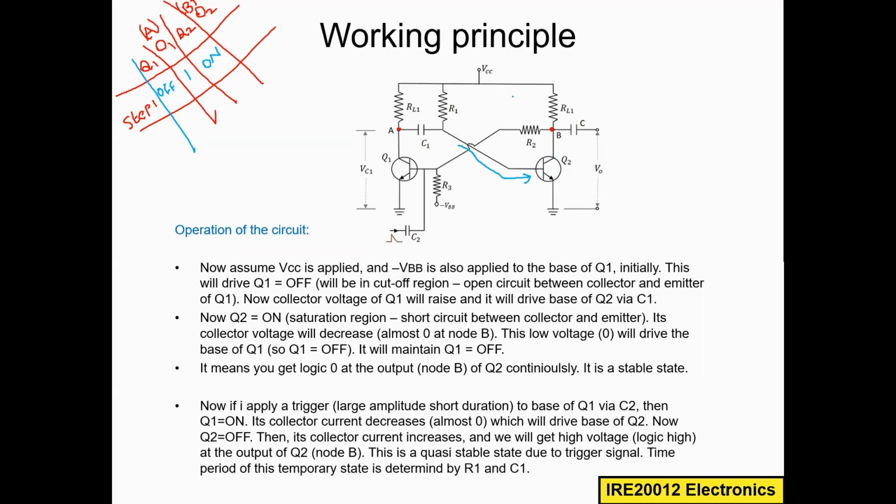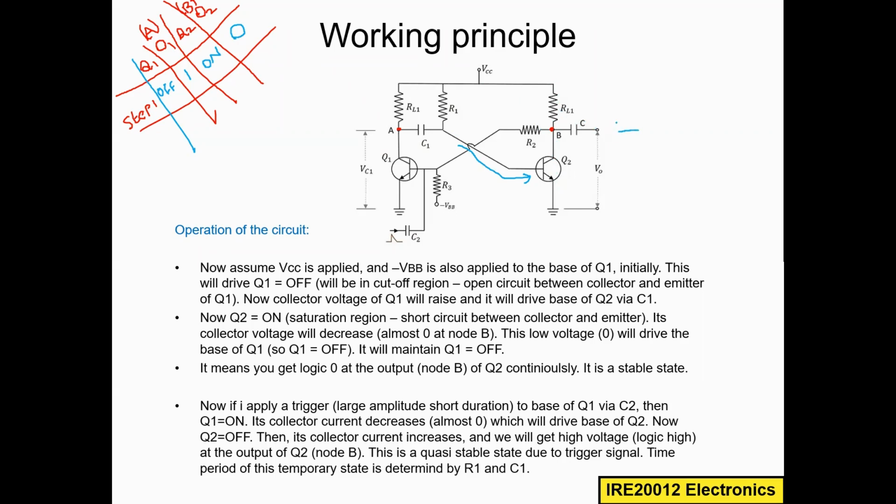So whatever voltage accumulated from VCC at this node B will go to the ground. So there will be no voltage here, the potential will be 0. So this is logic 0 at the output 2 terminal. So we get logic 0 at the output.